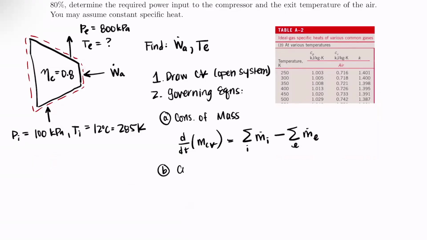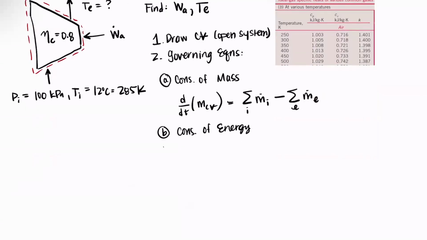And then our conservation of energy is the time rate of change of the total energy in our control volume is equal to Q dot for the control volume minus W dot of the control volume plus the sum of the energy coming in through the mass transfer.